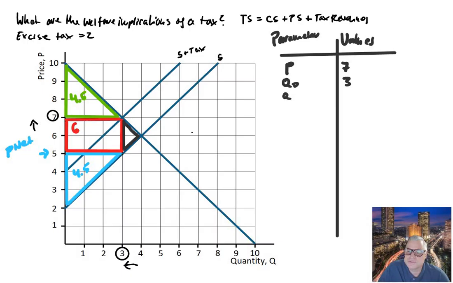At the price of 7, quantity supplied is also 3. And so the quantity turned over is 3. The consumer surplus, we said, is 4.5. The producer surplus is 4.5.